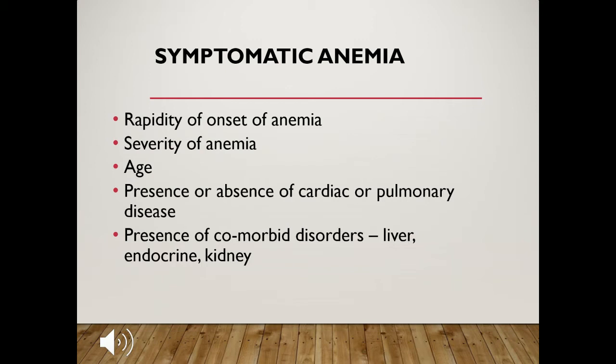So, mild anemia, moderate, and severe anemia, usually severe and moderate would have symptoms. The age of the patient, young versus elderly patient, the presence or absence of cardiac or pulmonary disease, okay, and the presence of comorbid disorders like liver disease, endocrine disease, hyperthyroidism, and also renal disease.